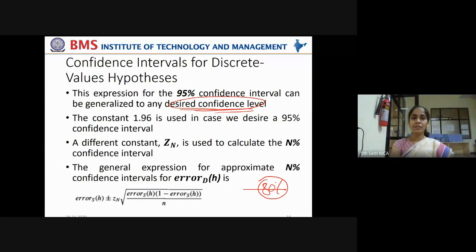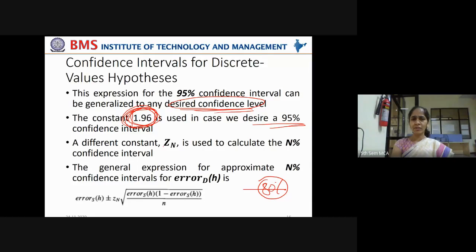Now the constant 1.96, what we have used here, is for when we desire a 95% confidence interval. But if we want an 80% confidence interval, or if we decide on a 90% confidence interval, this critical value of Z will change. It will not remain constant for all confidence intervals. With each confidence interval, this Z value or the critical value will change.